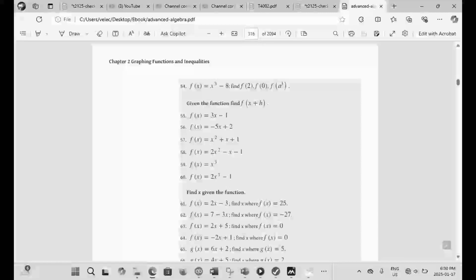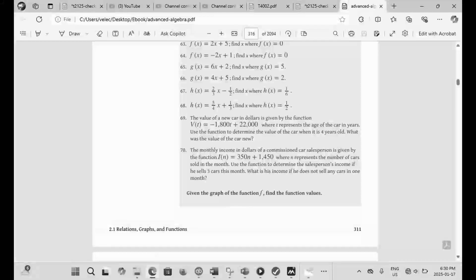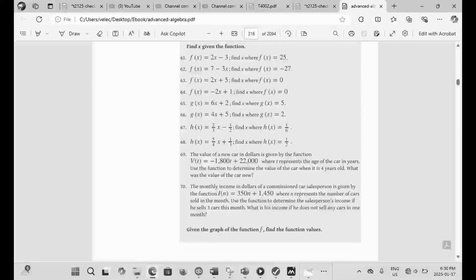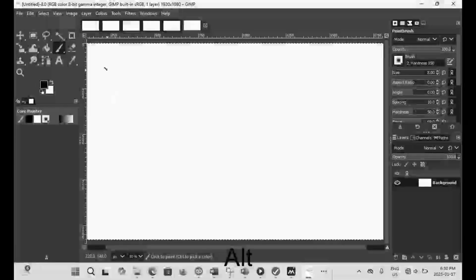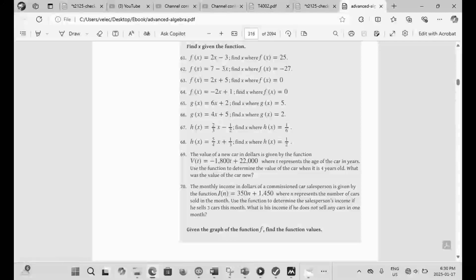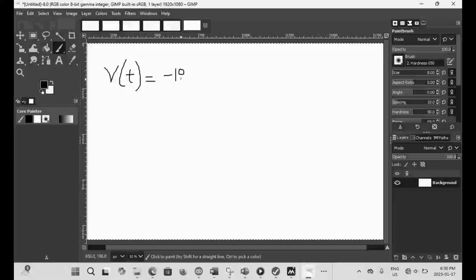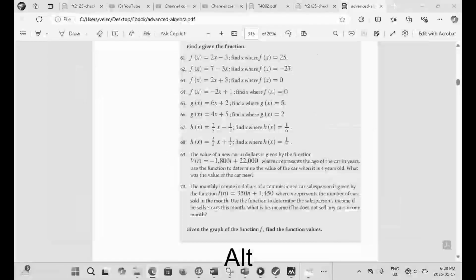Let's take another example. Here you have a function, and you're supposed to use the function to figure out the value of a vehicle. The value of a new car in dollars is given by the function v at t equals negative 1800 into t plus 22,000.